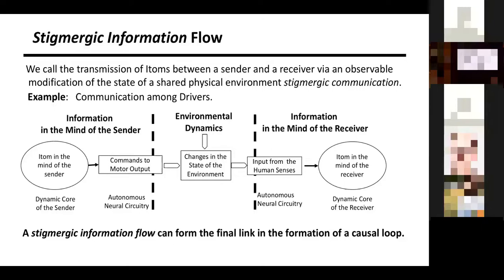I change the environment by my actions, and the environment is looked at by the receiver, so this is an indirect transfer of information from a sender to the receiver by changes in the environment. A very good example of stigmergic information flow is the traffic light.